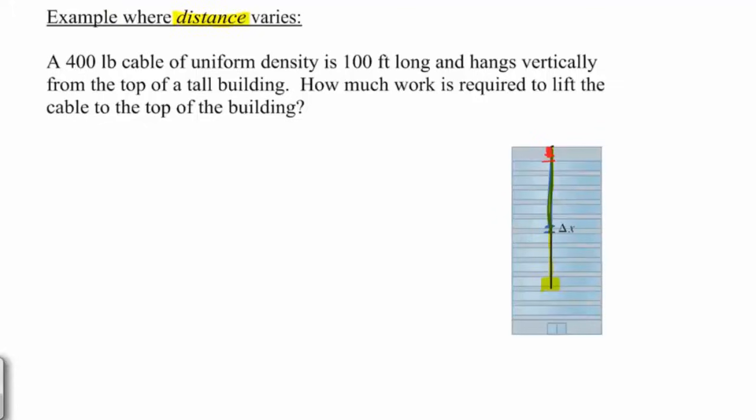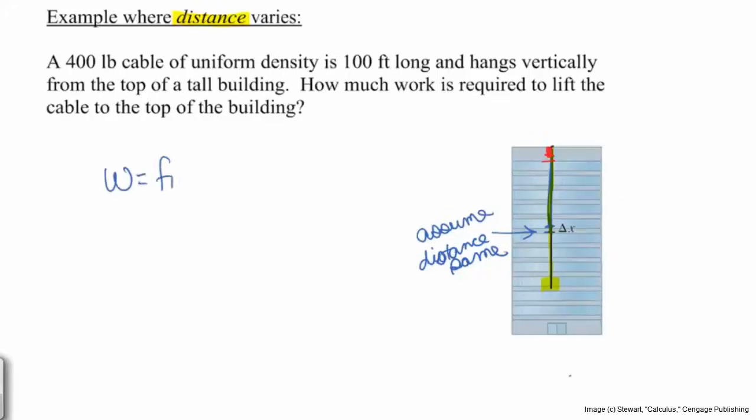All right, so how are we going to do this? We're going to chop it up into little segments like this. And on each little segment, right there, we're going to be able to assume that for that little piece, the distance is the same. All right, so remember, work is force times distance.